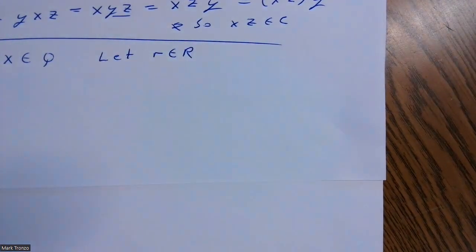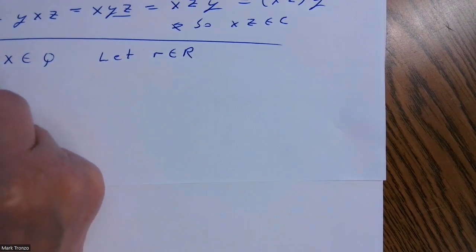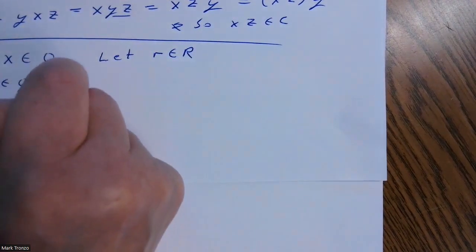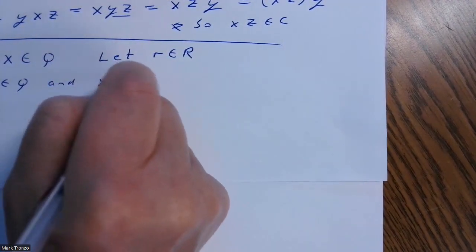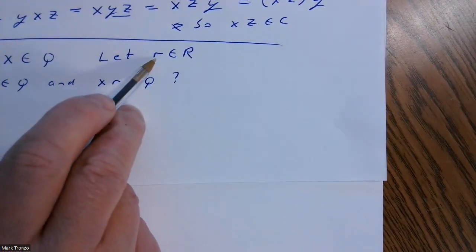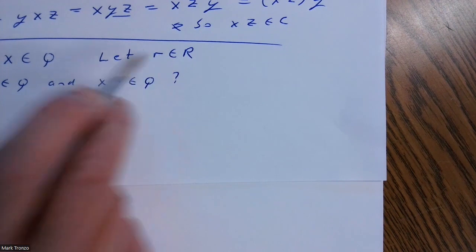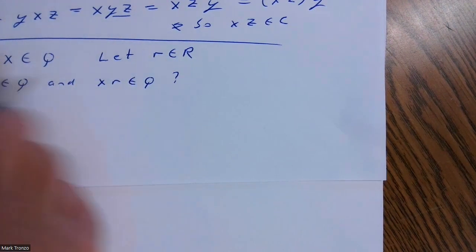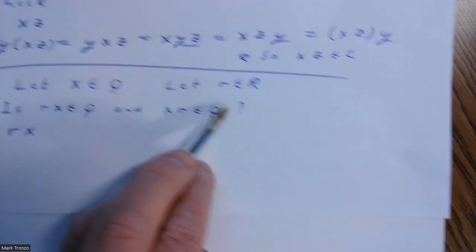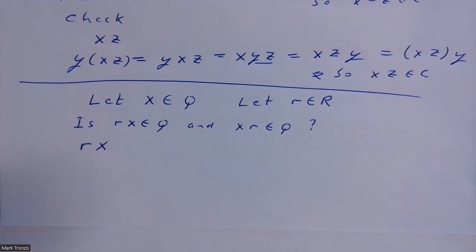Then we have to show: is rx in Q, and is xr in Q? That's what we have to show. So now you can just say, if you multiply r times x, and you pick any r from here, now let's see what could go wrong.